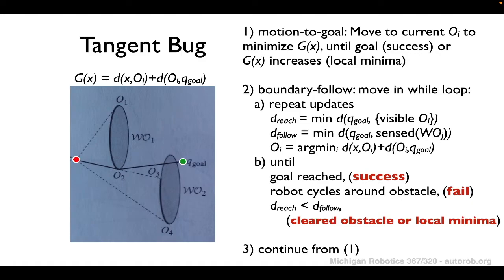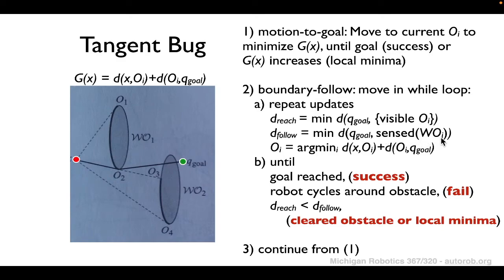Just as a while loop, you'll simply follow the boundary using the strategy of the bug algorithms that we've looked at before. But during this wall following behavior, you're going to repeatedly update these three variables within 2a. First, a d-reach variable, which represents the minimum distance between the goal configuration and your currently visible object extent, O sub I. Second, a d-follow variable, which represents the minimum distance between the goal configuration and your overall sensed world objects, which are indexed by WOJ.